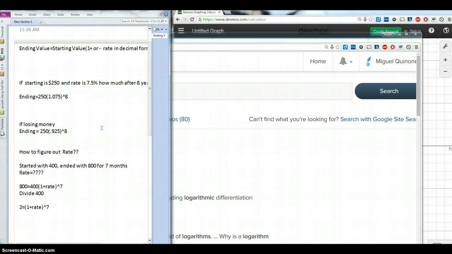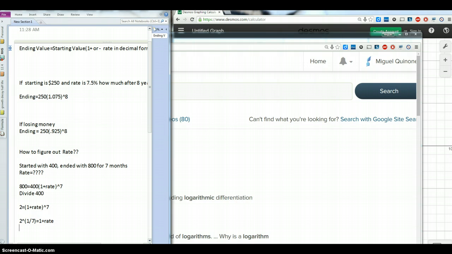Now, in order to get rid of the exponent 7, we need to use 1/7. So in the calculator, you put 2 to the power of 1 divided by 7. Make sure to use parentheses. That will equal 1 plus the rate.